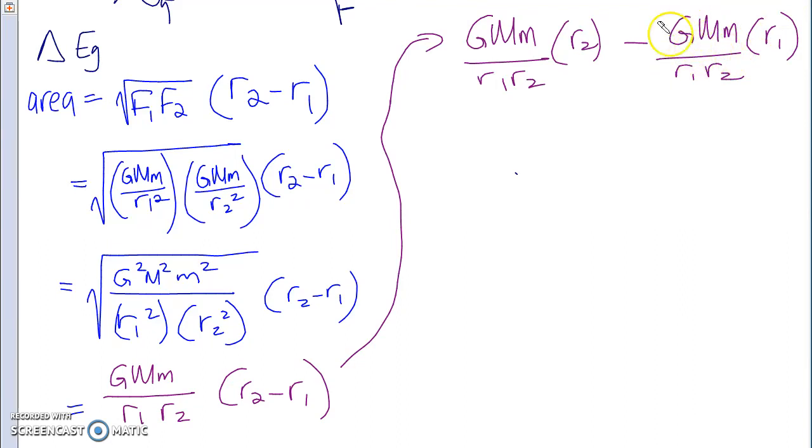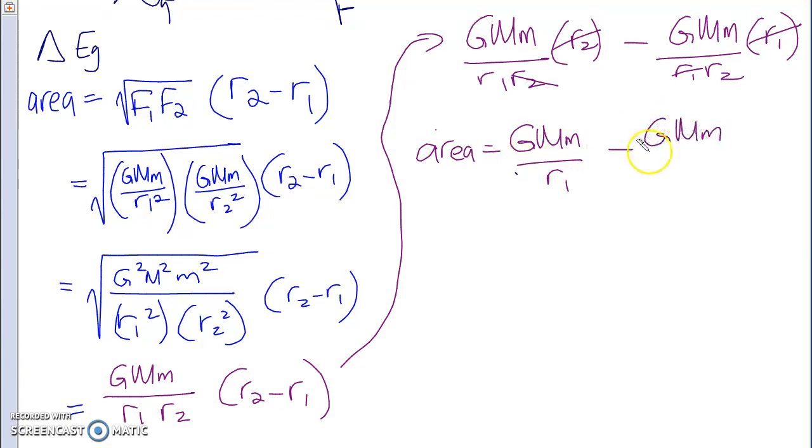Correct? Okay, so my R2 and R2 cancel out, my R1 and R1 cancel out, and you're left with the area under the graph, which equals big G, big M, small m over R1 minus big G, big M, small m over R2. This is the area under the graph.